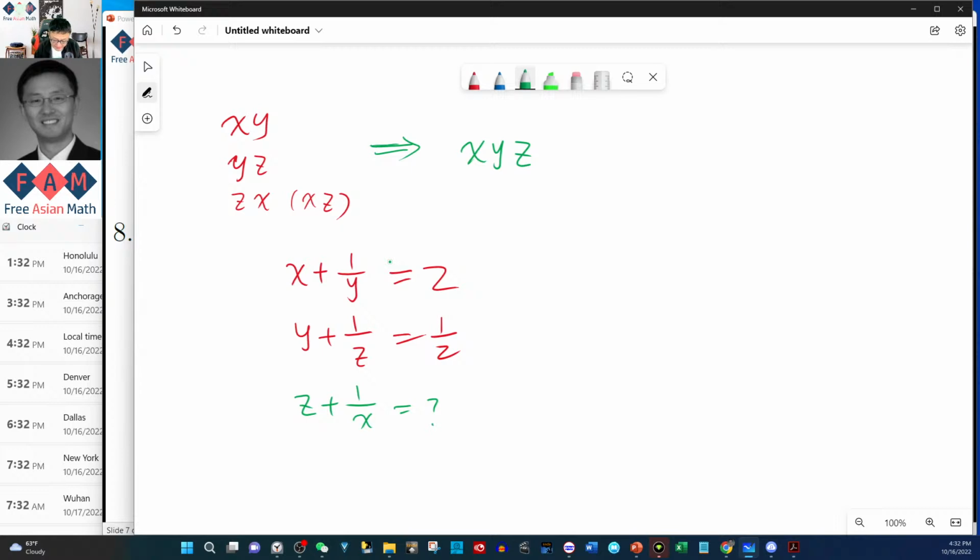But is that really relevant for us to solve this problem? The answer is no. Because those two are all that we need in order to derive xyz. But fundamentally, the same idea. We need to somehow figure out a way to manipulate those two equations to lead us to solve this problem.